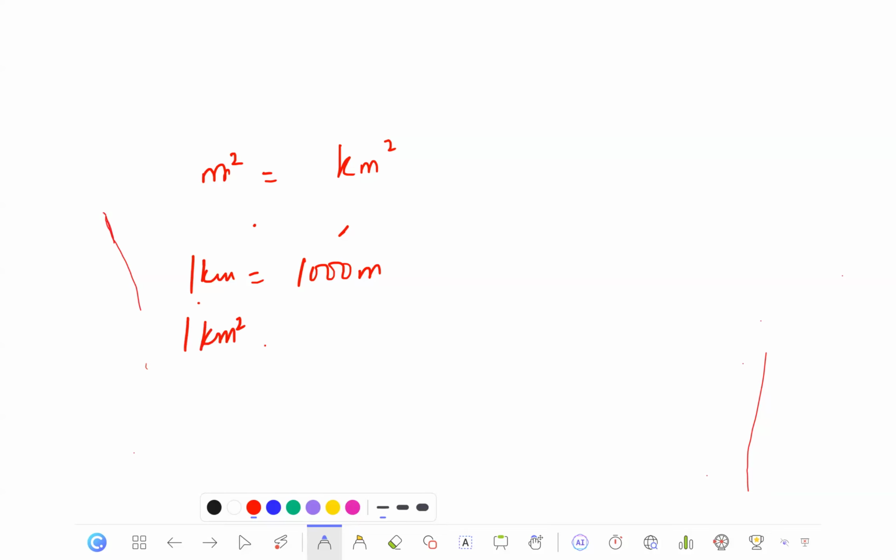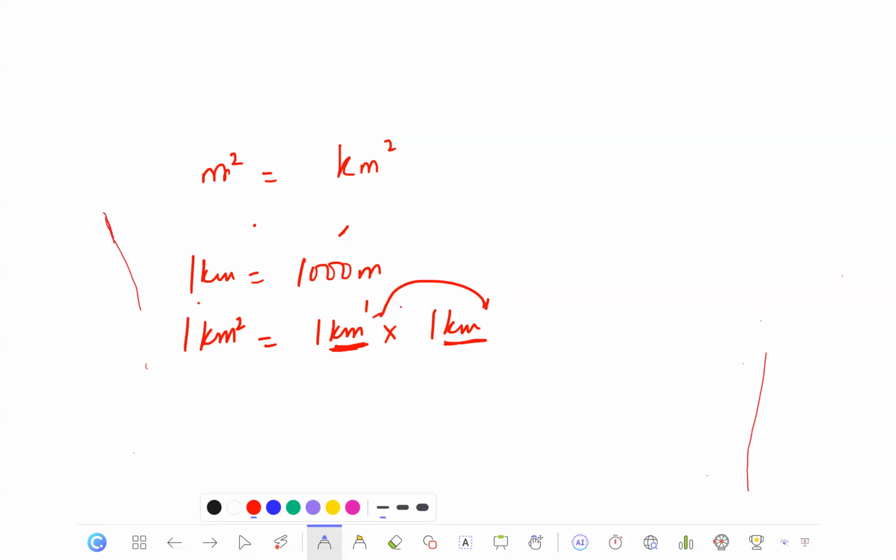So 1 kilometer squared would mean that now you have 1 kilometer times 1 kilometer. Again, because of rules of exponents, which we're going to cover later, here's a quick thing: you've got the same base over here. If the bases are the same, you can add up the powers.